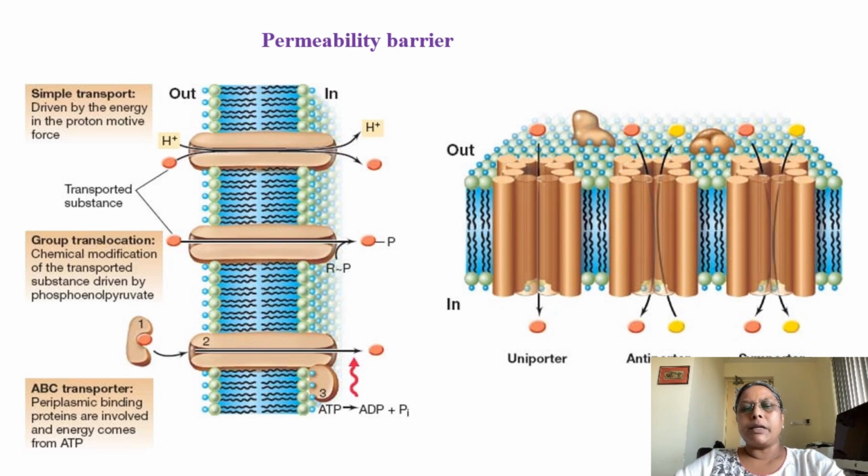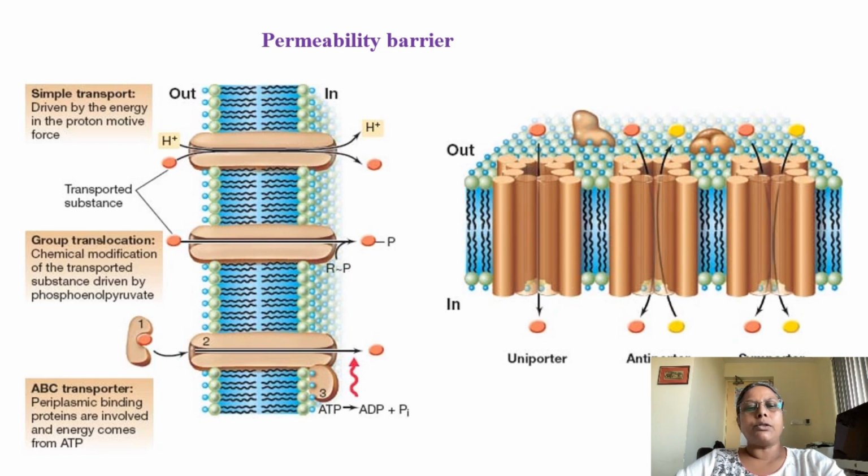Further, they have also been categorized into uniporters, antiporters, or symporters. The simple transport system is driven by the proton motive force and is involved in transport of a substance from the outer side to the inner side along with one H+ ion.